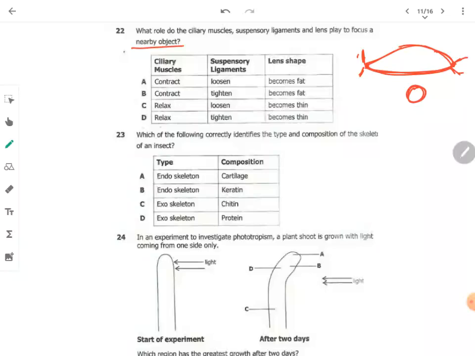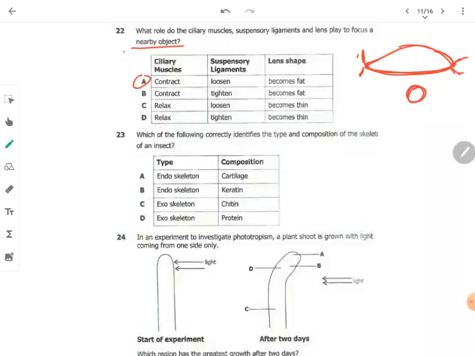Then the lens becomes fat, because the lens is trying to focus on something which is nearby. So it's going to be fat and not thin. It can only become thin when you are looking at an object which is very far from you. So the answer is A.